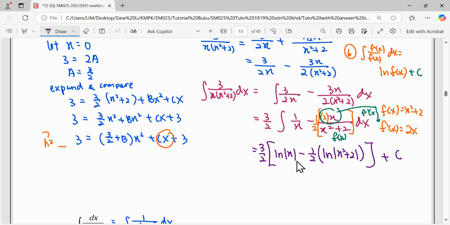We can take out 1 over 2, so it will become 3 over 4. When you take out 1 over 2, it means I divide by 1 over 2, so we have a constant 2 here. I want to make it ln minus ln, without any constant in front.